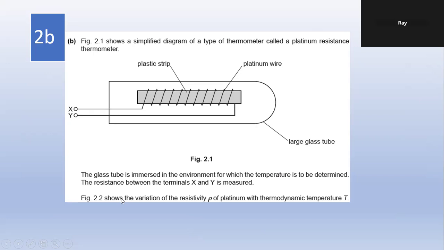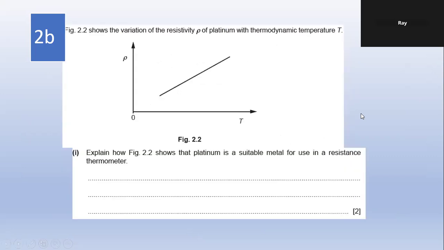Figure 2.2 shows the variation of the resistivity of the platinum with the thermodynamic temperature T. Explain how figure 2.2 shows that platinum is a suitable metal for use in a resistance thermometer.